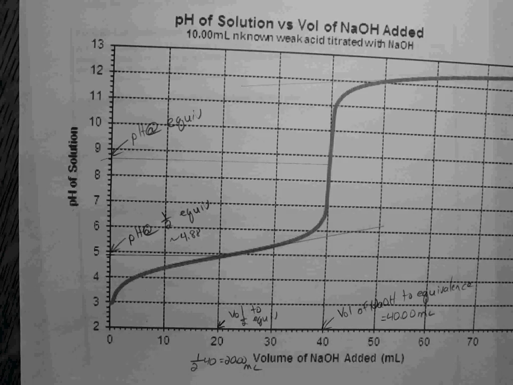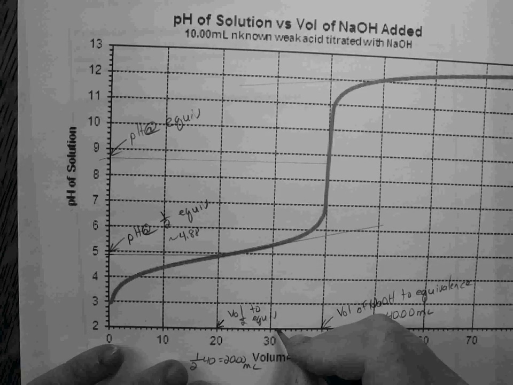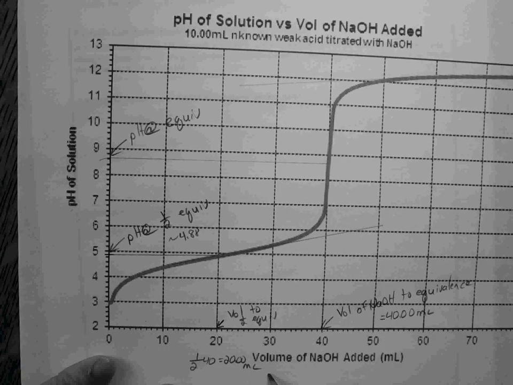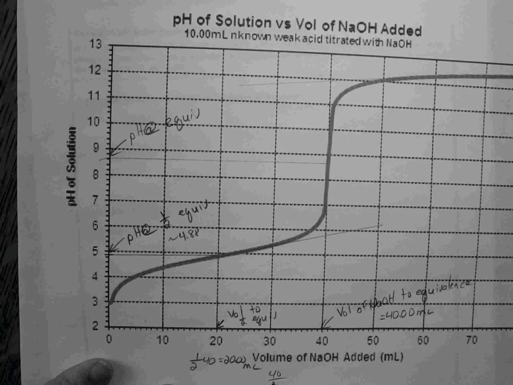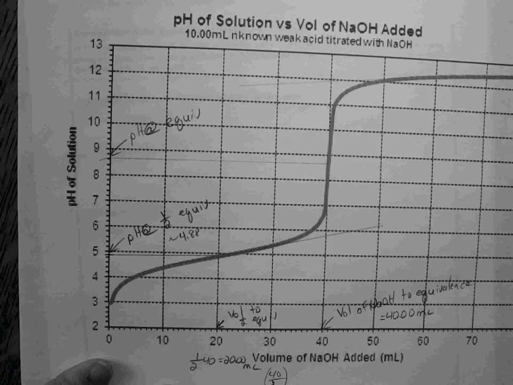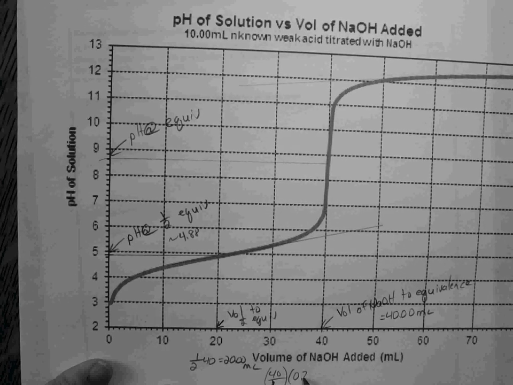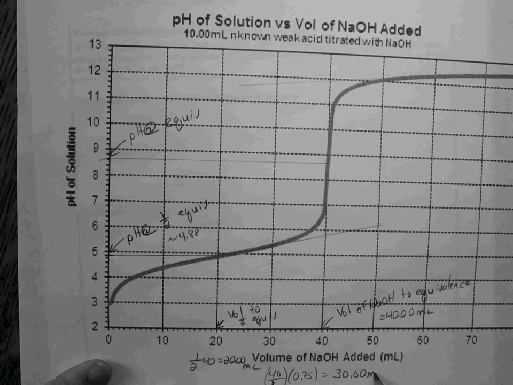We do the same thing for volume at 3/4 equivalence. So we have 40 times 0.75 for 3/4 equivalence. So that's 30 milliliters to the 3/4 point.